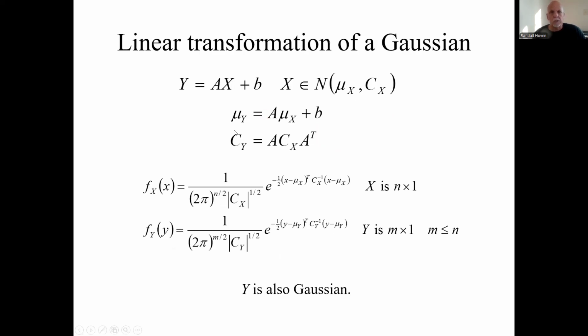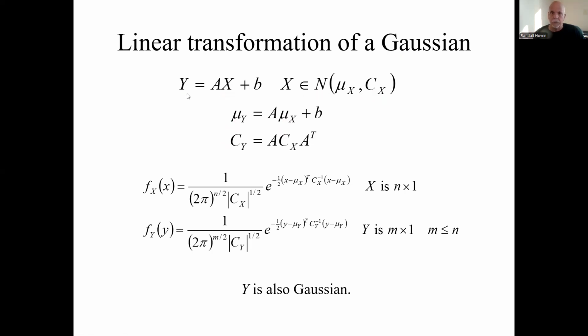Let me get back to this. We already did this before. This top part is true for any random vector. If y, a random vector, is a linear function of another random vector x, you can calculate its mean and covariance from the mean and covariance of x. But in the case of a Gaussian random vector, if x is Gaussian, y is also Gaussian.